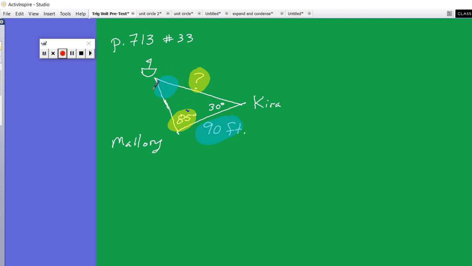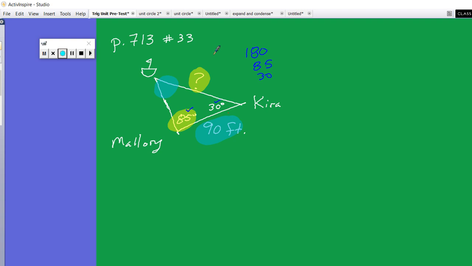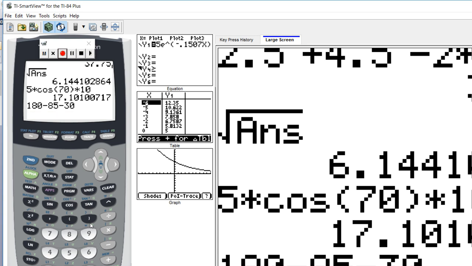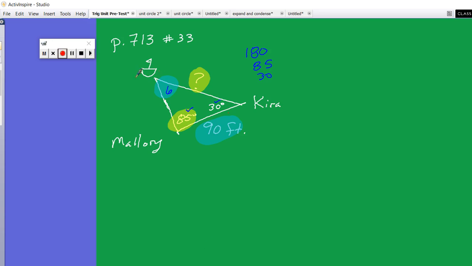But since they gave me 85 and 30, in essence, they gave me this other angle because you know a triangle has 180 degrees. We've used 85 and 30. So I can just go to my calculator and go 180 minus 85 minus 30. Since those are the two angles that we have been given, 85 and 30, I just subtract those off. And I hit enter, and it gives me 65 degrees. So this angle is 65 degrees.